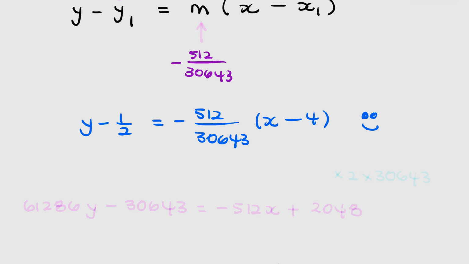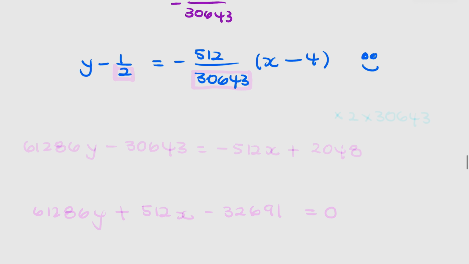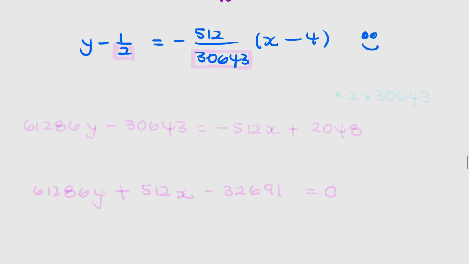But you want to tidy this up. You want to get rid of this denominator here and probably this denominator here. So I suggest you multiply both sides by 2 and by 30643.